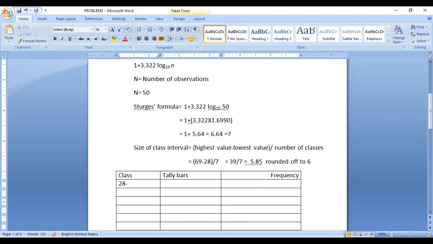28 to 33, because the class interval is 6.